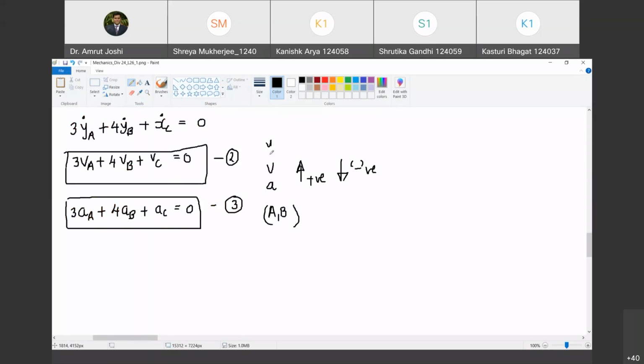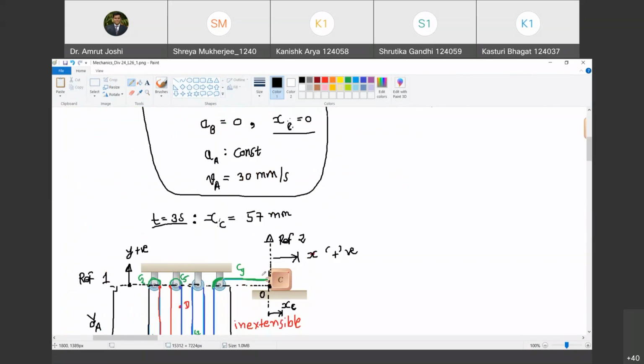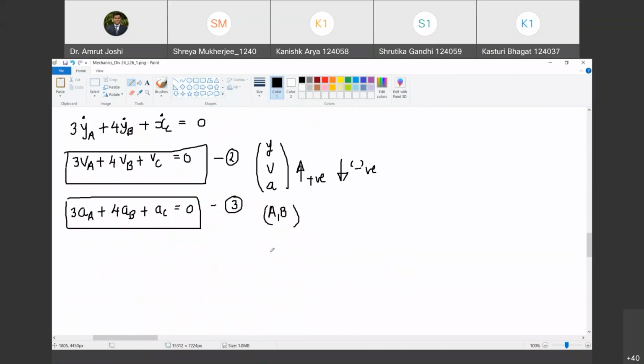Same is true for position coordinates. Are you with me? Yes, sir. Now, if it is associated with block C, then position coordinate is x and its velocity and its acceleration will be positive if it is towards right and it will be negative if it is towards left. Agreed? Yes, sir.